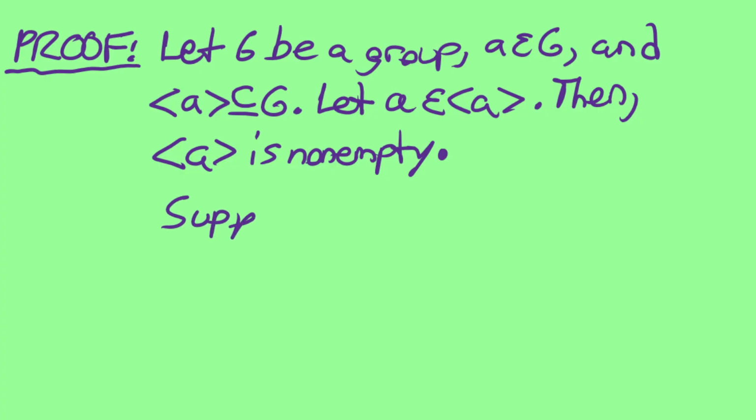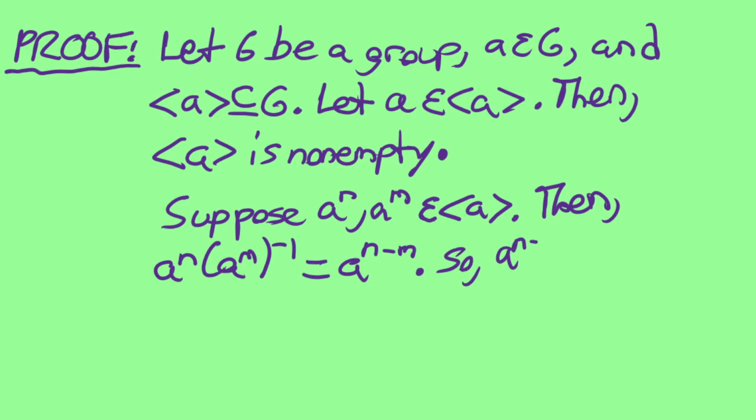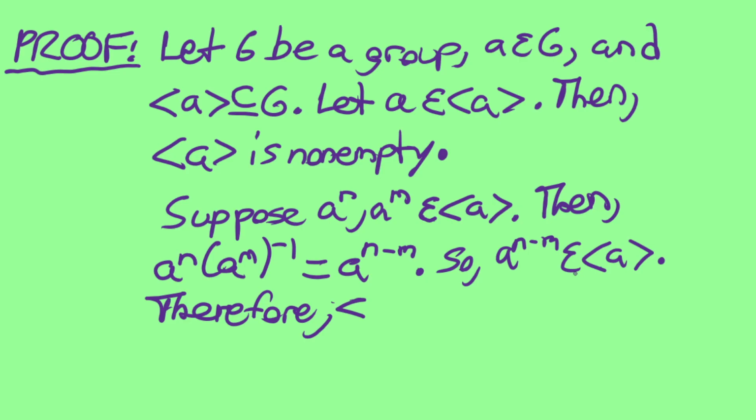So now suppose that A raised to the n and A raised to the m are elements of the set of A. So then A^n composed with the inverse of A^m is equal to A^(n-m). So A^(n-m) is an element of A. So therefore, this set of A is a subgroup of G as desired.